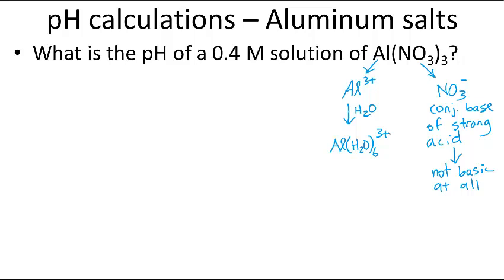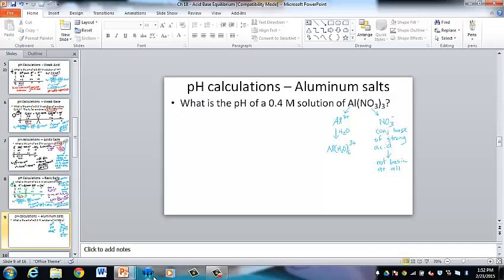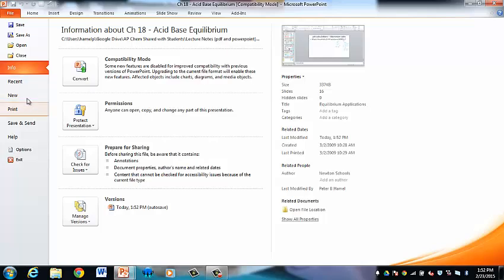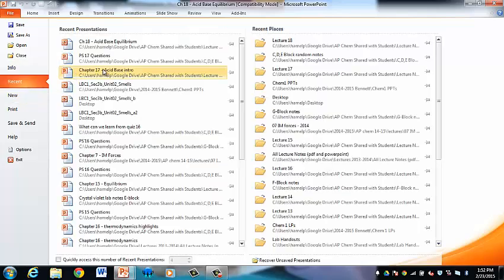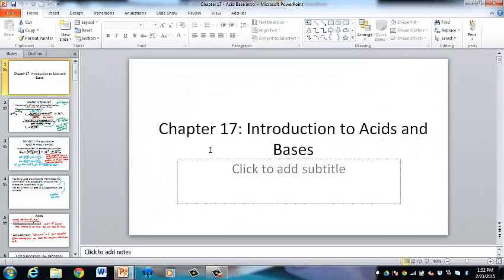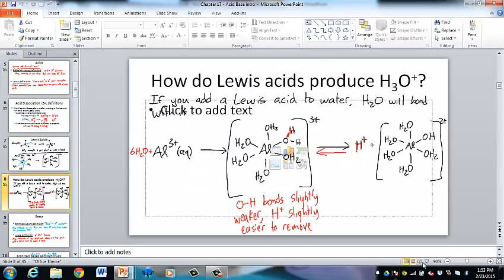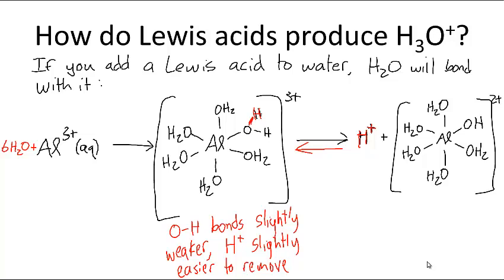I'll do a little digression back into last lecture. The idea is this: you have Lewis acids like aluminum 3+. Lewis acids are electron pair acceptors. And what happens when you dissolve aluminum 3+ in water?